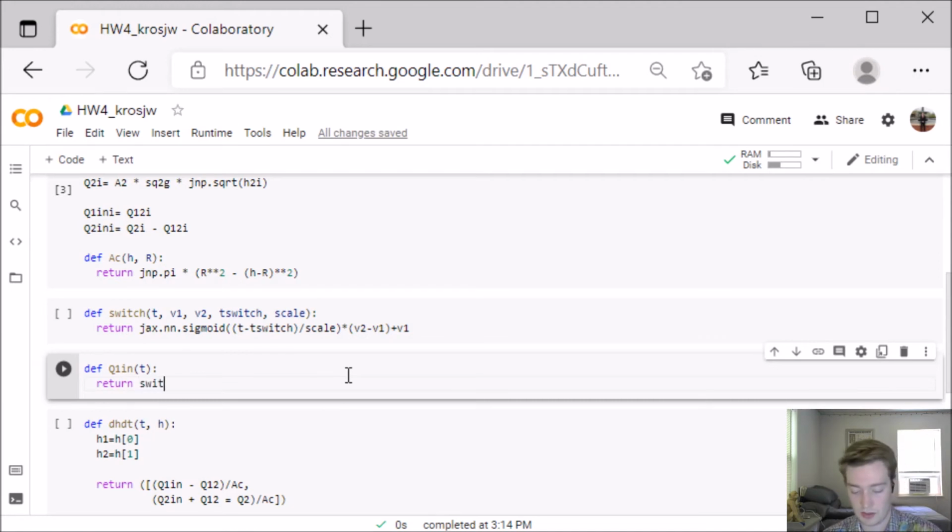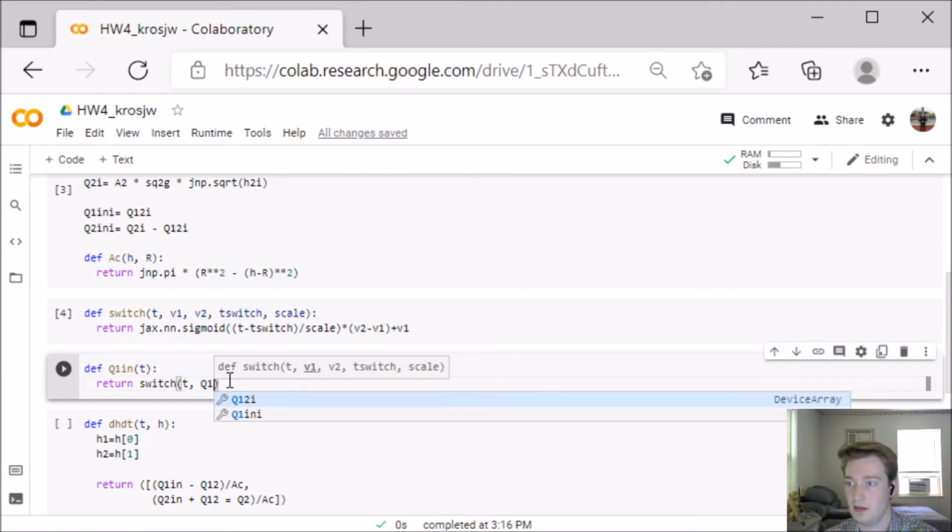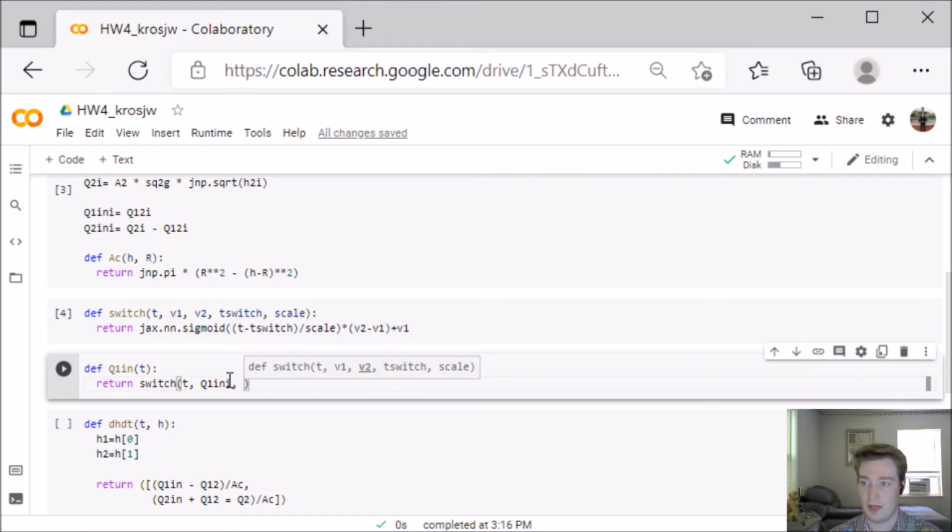So the switch at the time t, the v1 is going to be Q1 in initial, and v2, it was 80% at 100 seconds. So 0.8 times Q1 in initial. The time t switch is 100, and scale we're going to say 0.01, just like that.